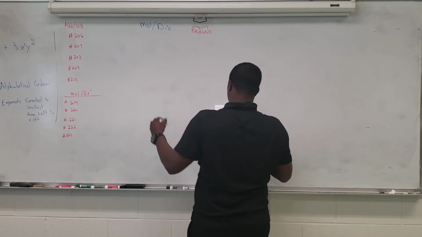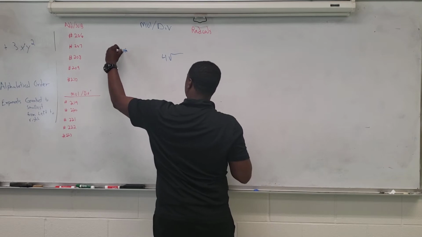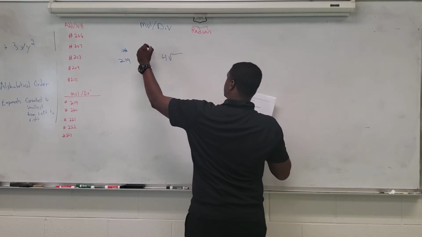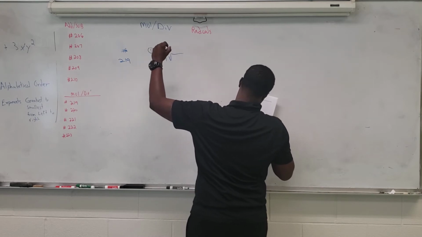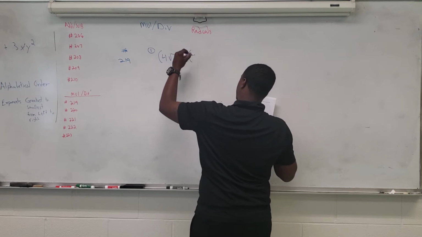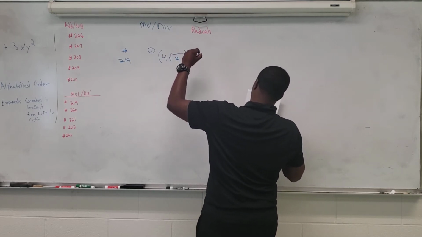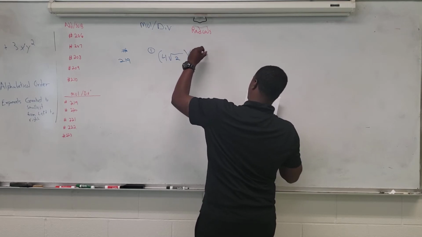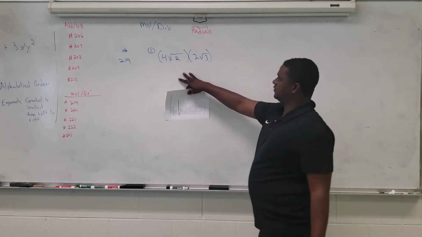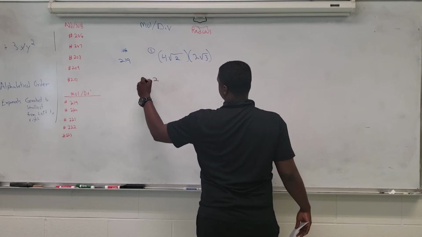Number 219. That is 4 times the square root of 2 times 2 square root of 3. Now, on multiplication and division, your radicals do not have to be the same, right?